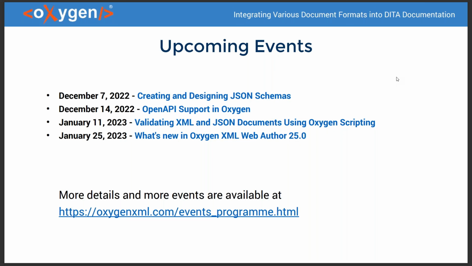And beginning next year on January 11, Octavian will return with the Validating XML and JSON documents using Oxygen scripting webinar, because with the latest release of the Oxygen suite of products, version 25, additional support was developed for validating XML and JSON files via Oxygen XML scripting.